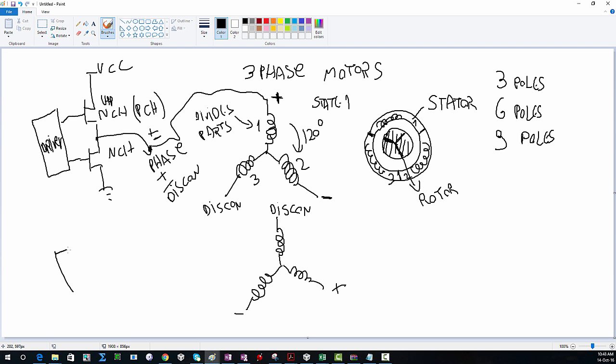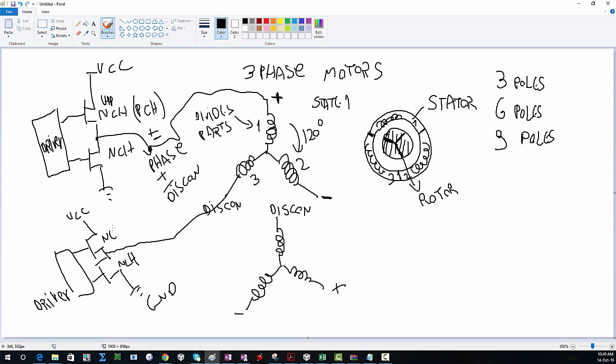So I will draw just another one in order not to make too much mess on this paint. Okay, so this will be VCC, this will be GND, and this will go to this coil. And we have another one that is connected exactly to the other phase that we have. So here also we will have a driver, and this will also be N channel MOSFET.